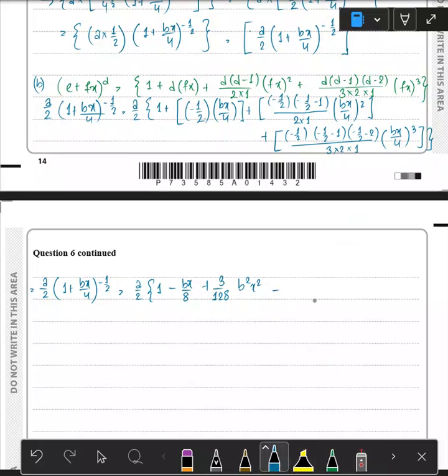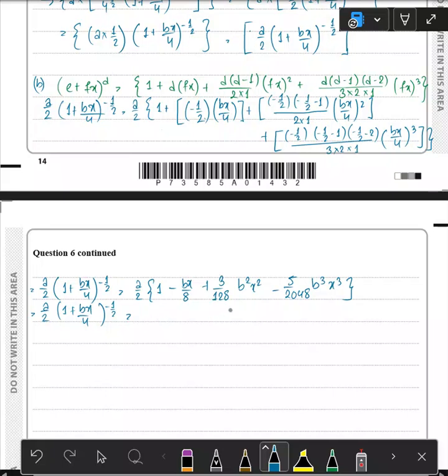Then this would be 5 by 2048 b cube x cube.